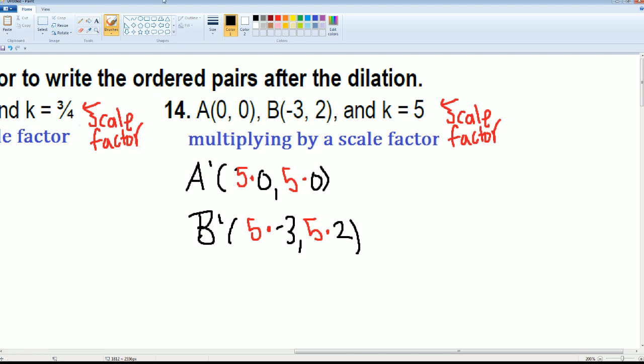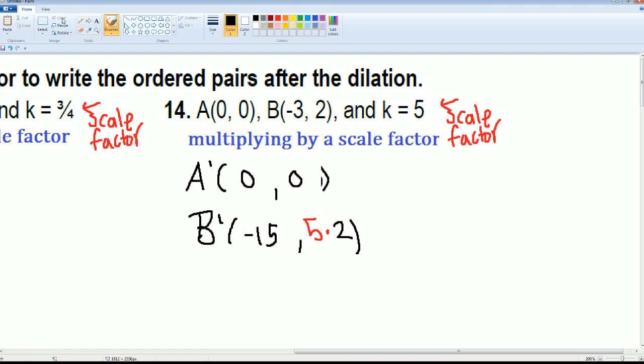Okay, what does this become? 5 times 0 becomes 0. 5 times 0 became 0. 5 times -3 is -15.